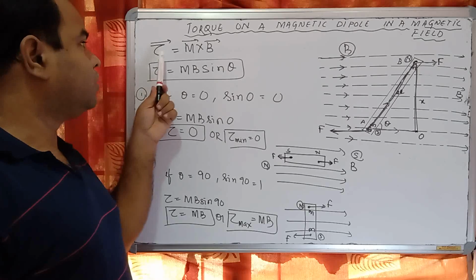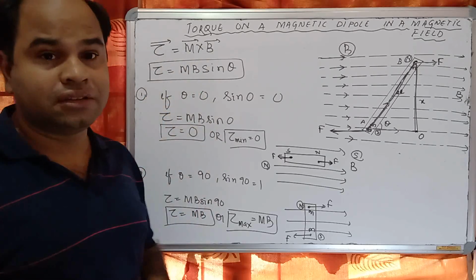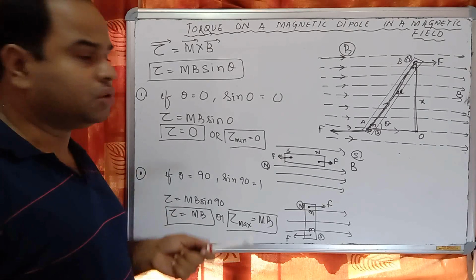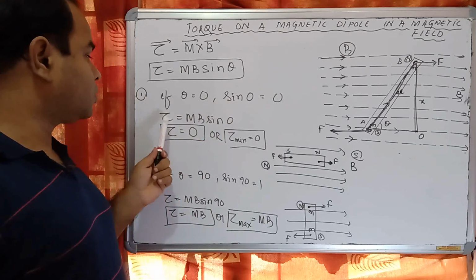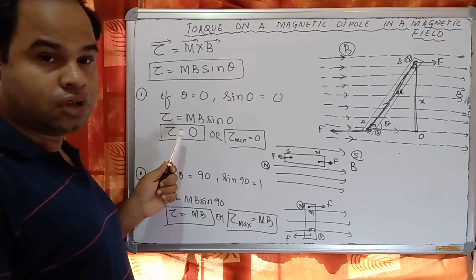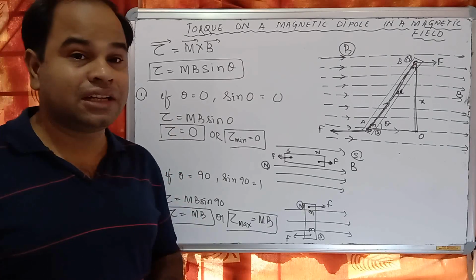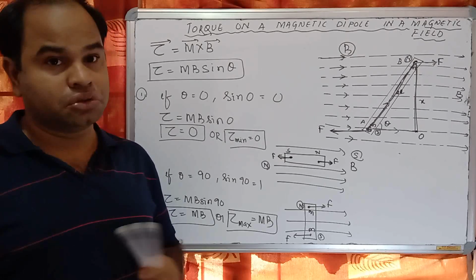Torque tau is equal to m cross B, or that is mB sin theta. If theta is 0, sin 0 is 0, so torque tau is equal to mB sin 0, or that is 0. So we can say when theta is 0, the torque acting on the bar magnet or magnetic dipole is 0.